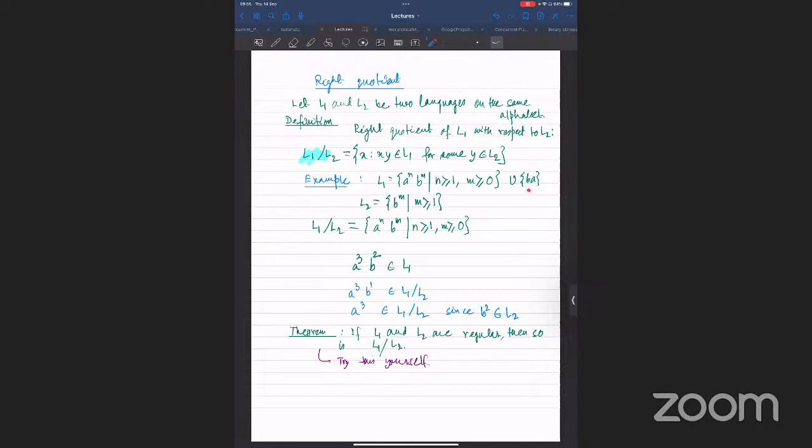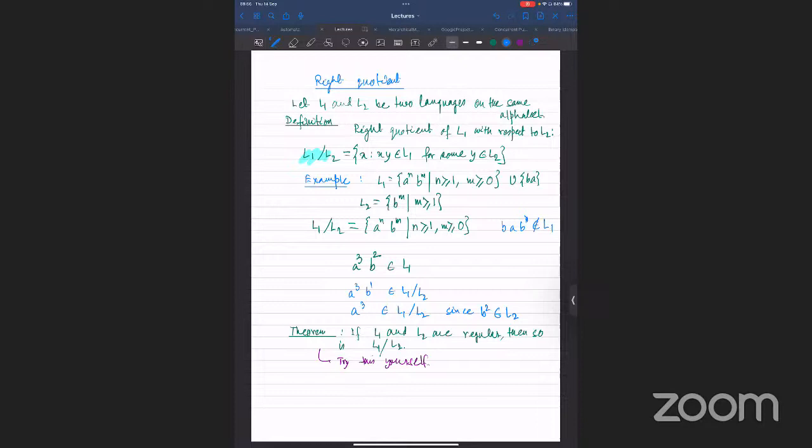Clear enough? You cannot have just a b, because you cannot append an a, because a doesn't belong to L2. And you cannot have ba either, because if you append some number of b's, ba b star, this does not belong to L1.